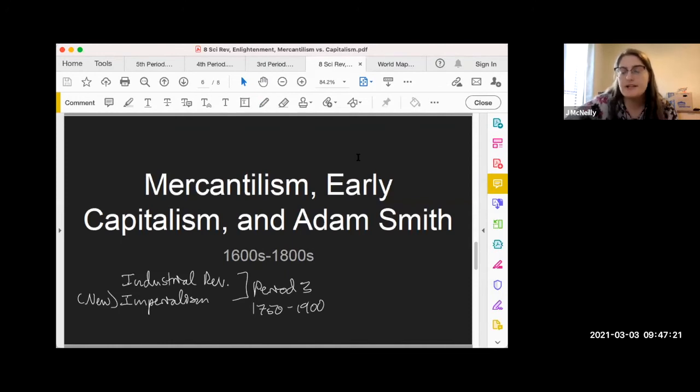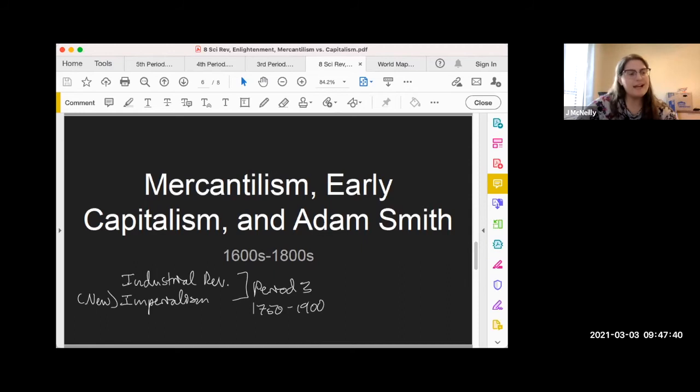So we finished talking about the scientific revolution and how that led to the Enlightenment. And remember, the scientific revolution and Enlightenment tried to apply natural laws, not just to science, but also to society and government.